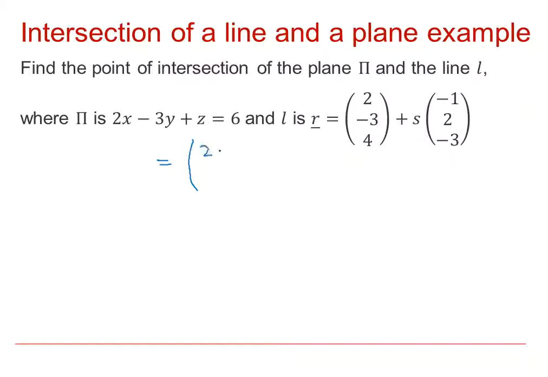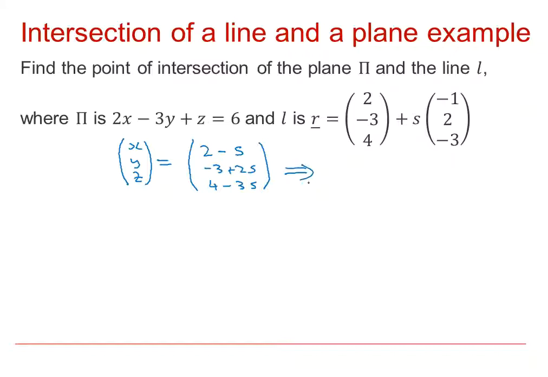So I'm going to write it as (2 minus s, minus 3 plus 2s, 4 minus 3s). And in answer to the question, is there another useful way of writing r? Well, we have x, y, z in our Cartesian plane already, so it would be advisable to write r as our general point (x, y, z).